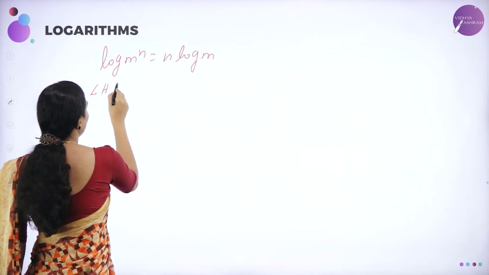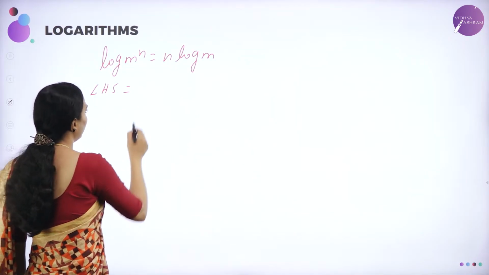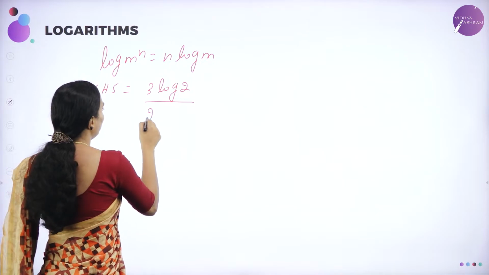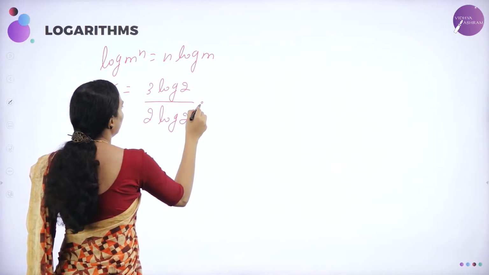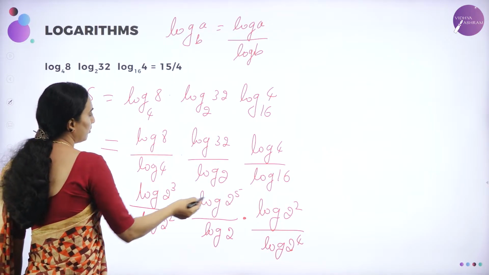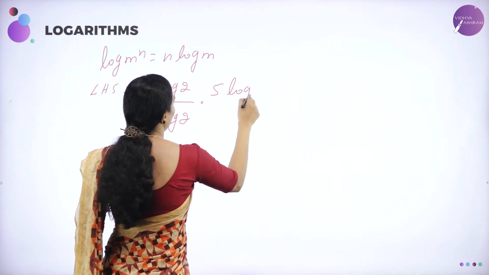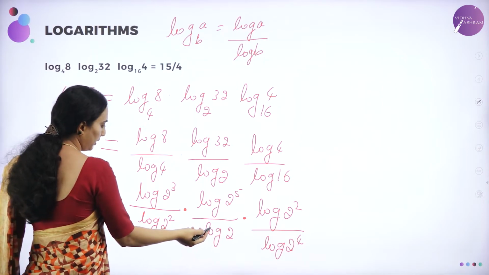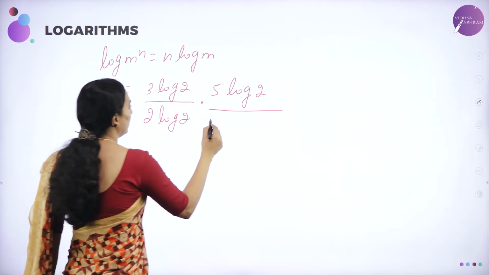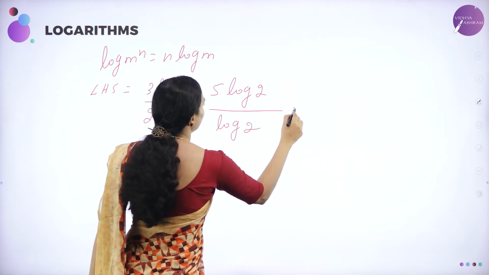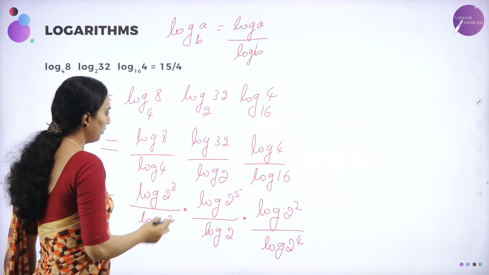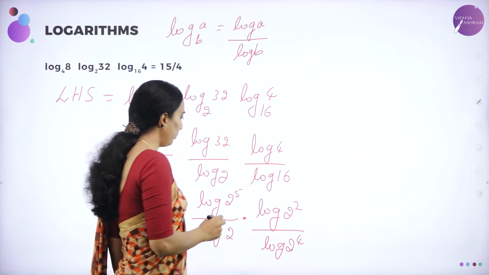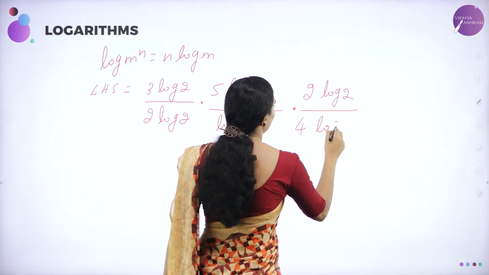So LHS will be equal to, numerator 3 log 2 divided by the denominator 2 log 2, into 5 log 2 divided by log 2 only as it is, into 2 log 2 divided by 4 log 2.